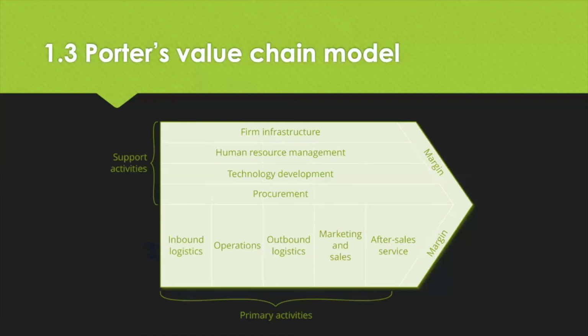The technological development is the use of technology to increase the effectiveness of primary activities in terms of value creation. And then procurement, purchasing practices of raw materials, tools and equipment. So the support activities and capabilities like systems and research are usually an important source of differentiation and advantage.